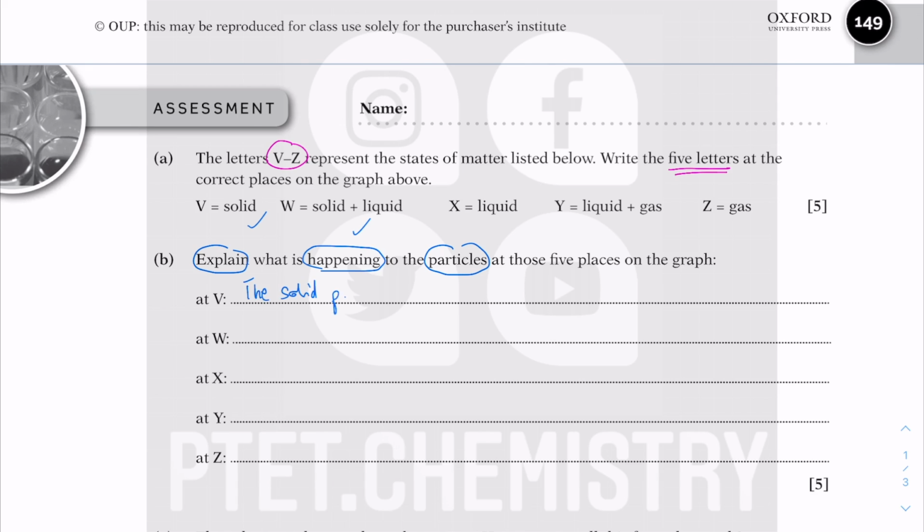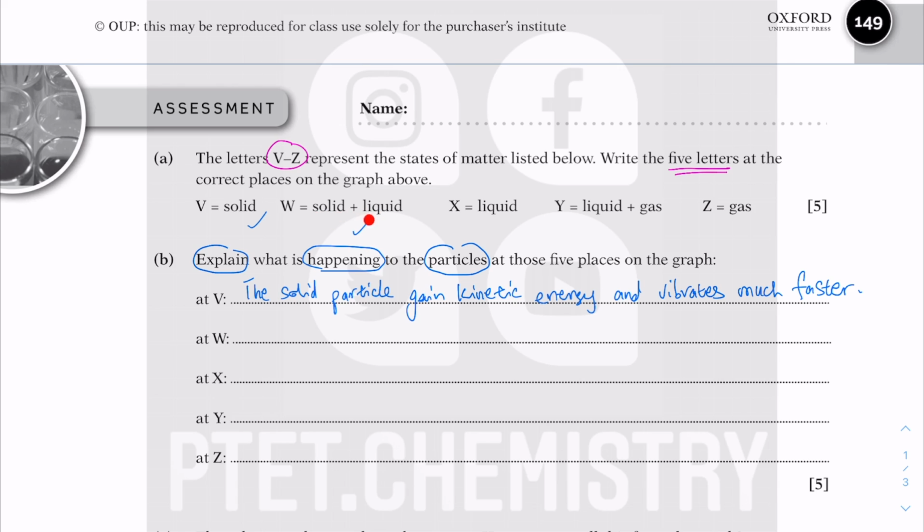The solid particles gain kinetic energy as temperature increases, and vibrate much faster about their fixed position. Because it is still a solid, we're still using the word vibrate rather than movement, because they are still closely packed together.